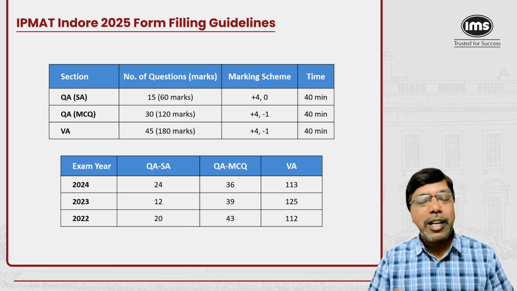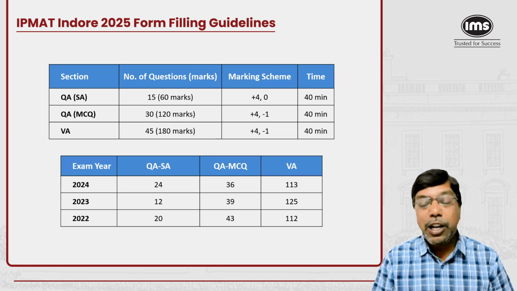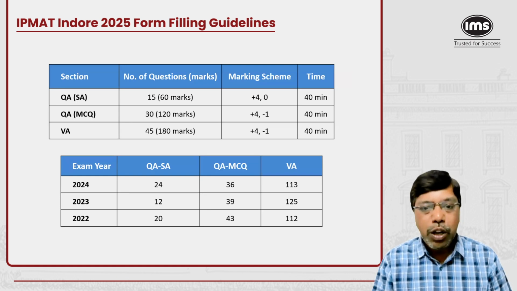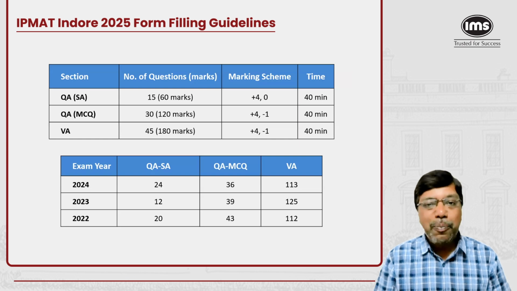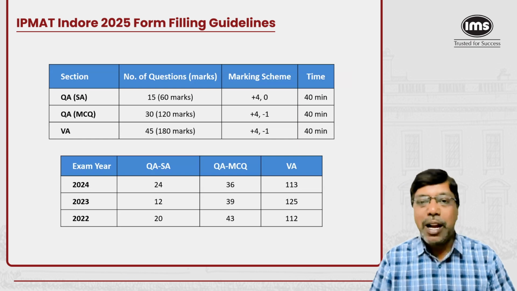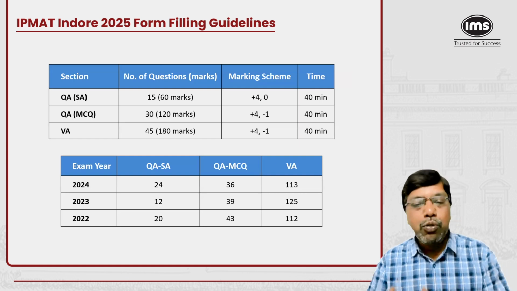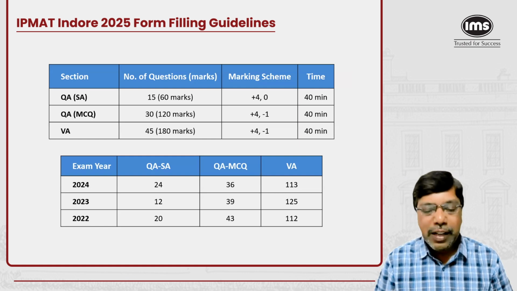The quantitative ability multiple choice question section, which is for 120 marks, the cutoff is around 35 to 45 marks approximately. And the verbal ability section, which is for 180 marks, the cutoff has been hovering between 112 to 125.